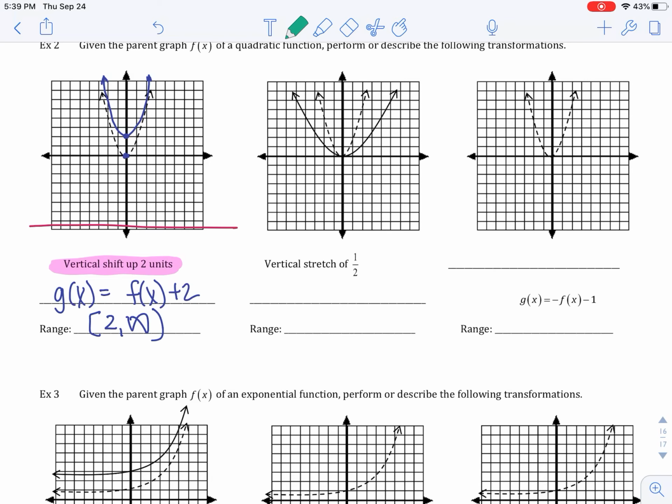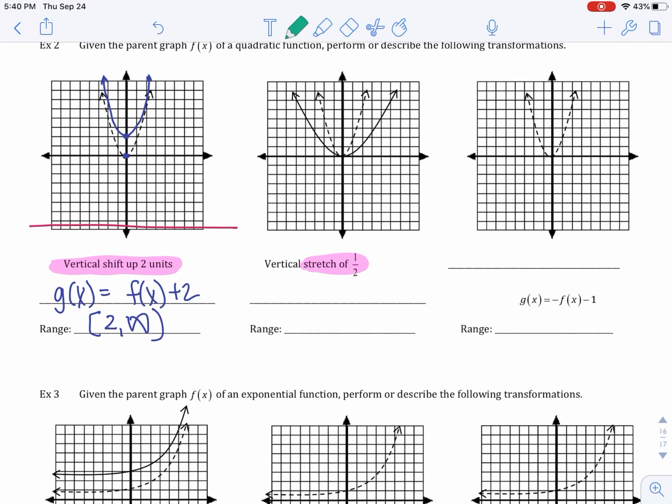All right, next one says I have a vertical stretch of half. So they nicely already graphed it for us. Remember, if it's a fraction less than 1, between 0 and 1, it's going to get not narrow, wider, right?